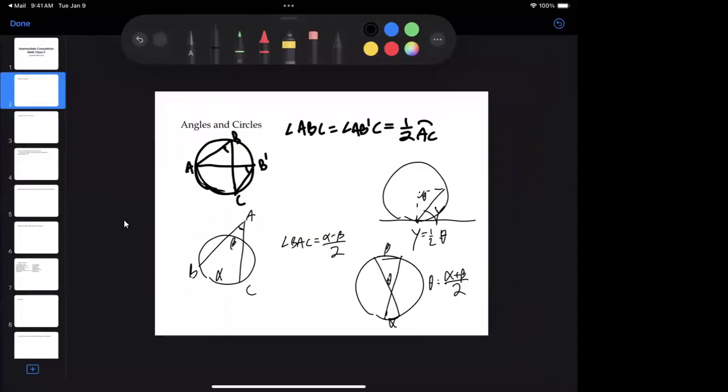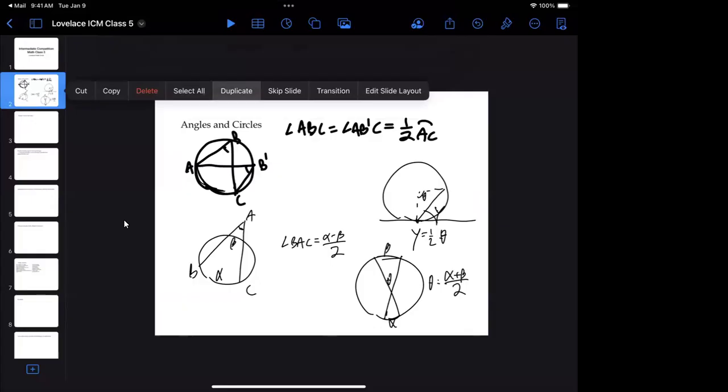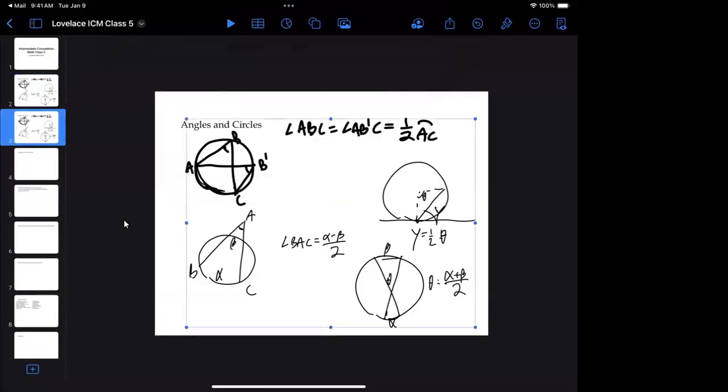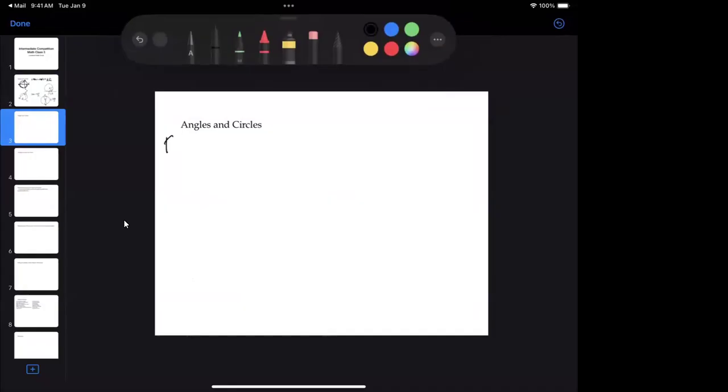We can do a problem. Which problem should we do? Let's do this question.